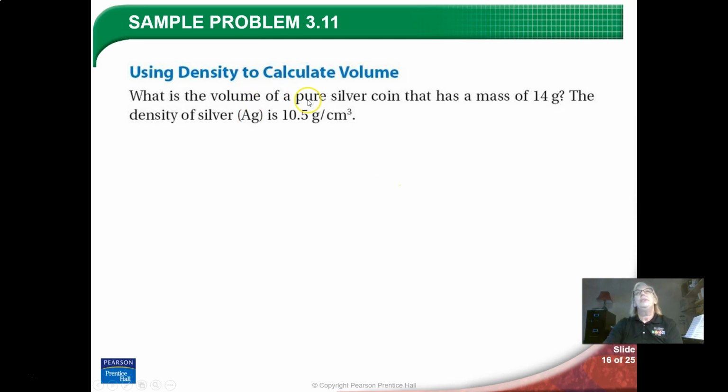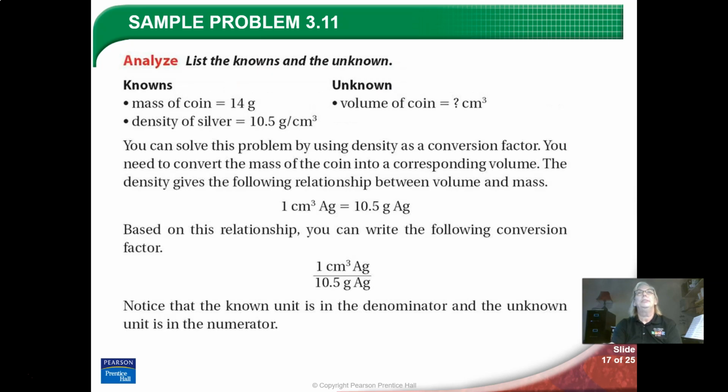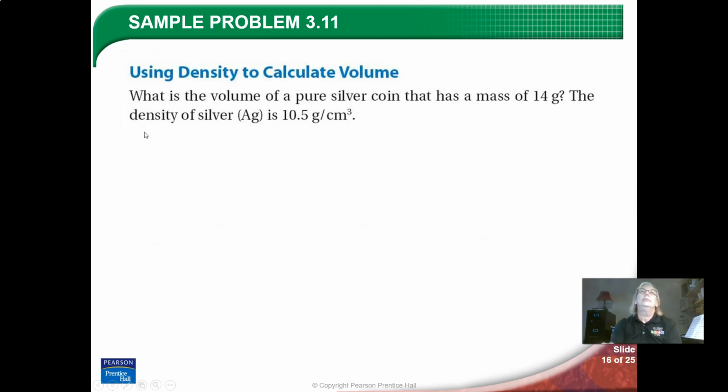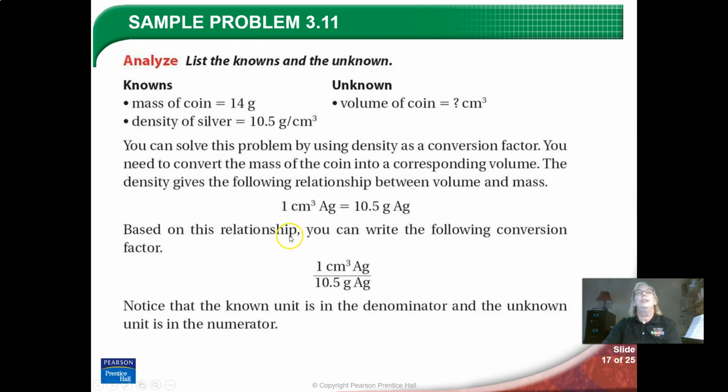You can also work backwards. If you have mass and density, we can go backwards and find volume. So we have to be able to do this math any direction. We're always going to be given 2 numbers, and we have to find the third number. Okay, so we have grams and we have density.